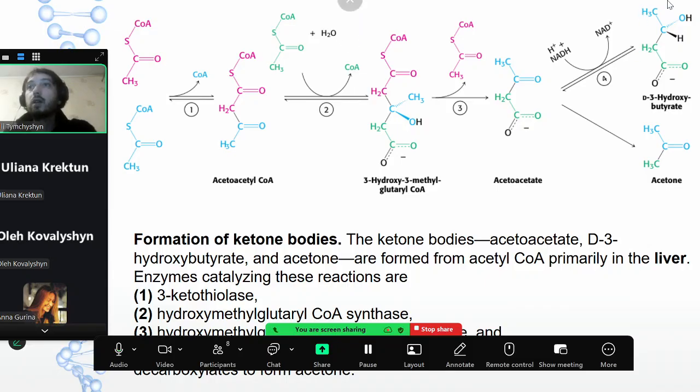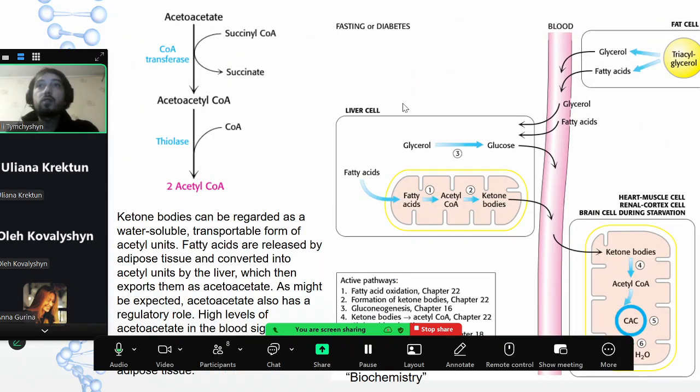So here it is. These are basically the ketone bodies that are exported into the bloodstream, and that can be used by the brain to support its activity at least for some time.